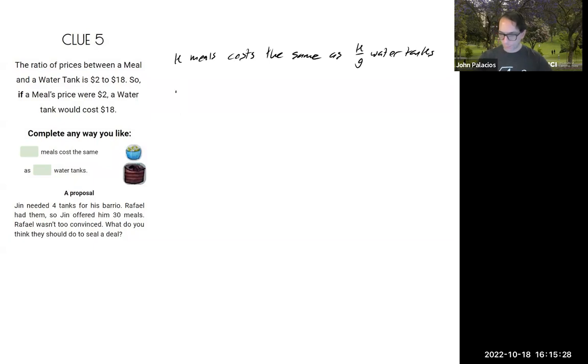So if we have one meal, this is equal to 1/9 of a water tank. And let's go back with my abbreviation here. So the price of one meal is 1/9 the price of a water tank. So let's say we want to know how much it costs for 9 meals. Then we know that it's 9 over 9 tanks, which is 1 tank.